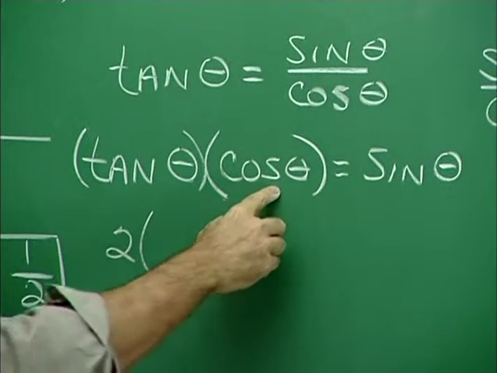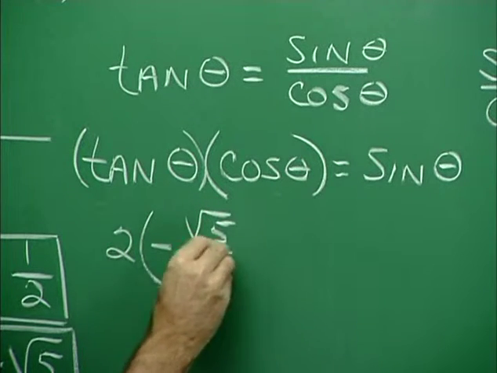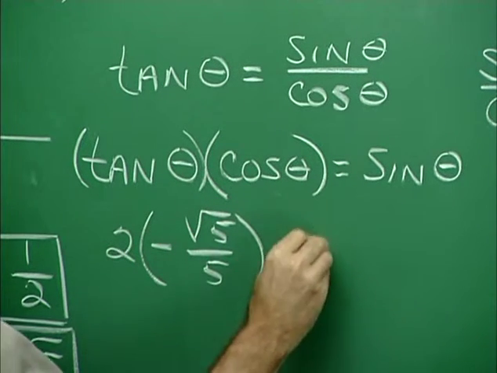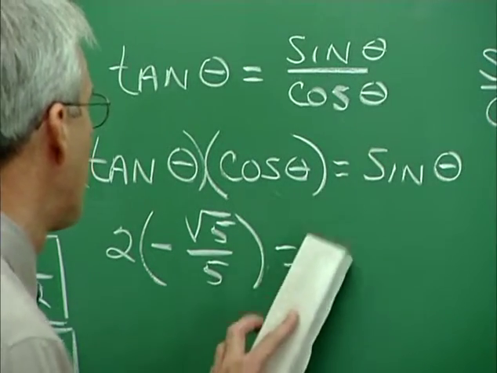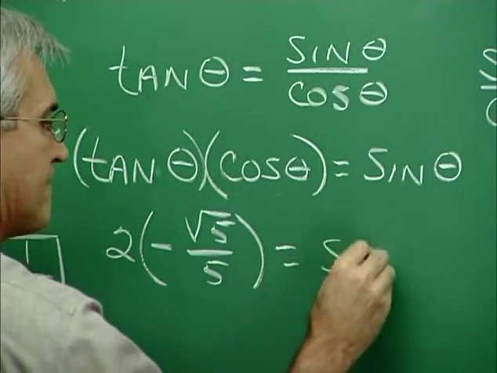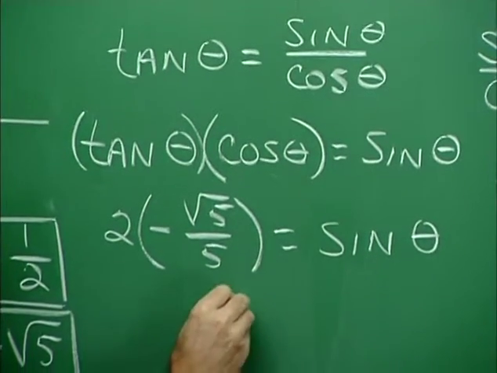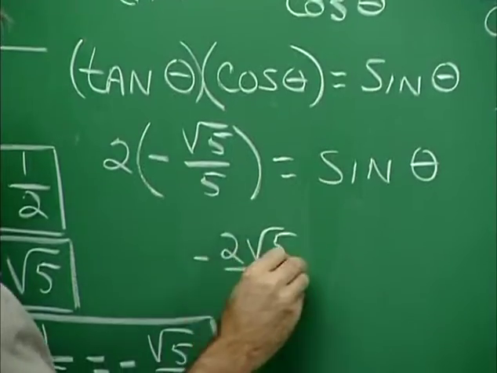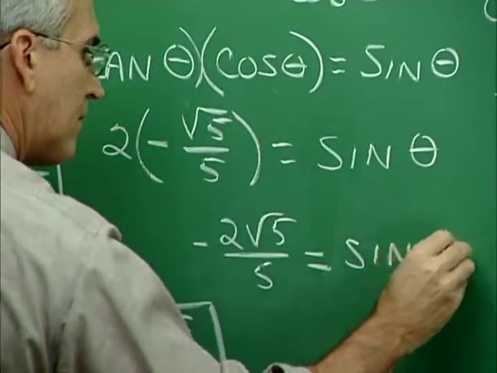And cosine theta, we found it down here to be negative square root of 5 over 5. And that's what sine theta is. And now multiplying, we get negative 2 root 5 over 5 for sine theta.